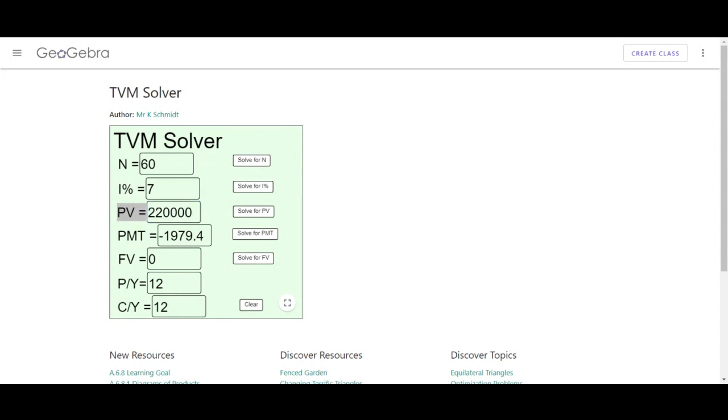PV is what we're looking for, so we can just leave that blank. PMT is negative 250, right? FV is 0, we want to pay off the loan. These two are 12. Good.